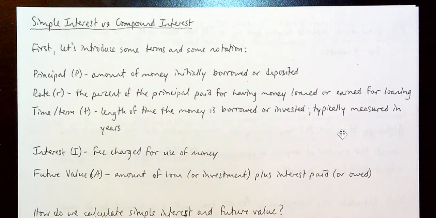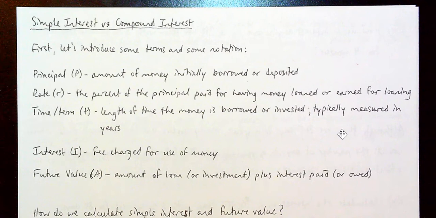R is our rate. It's the percent of the principal that's paid to the bank for having loaned money from them, or it's what's paid to you from the bank for depositing your money into their savings account.